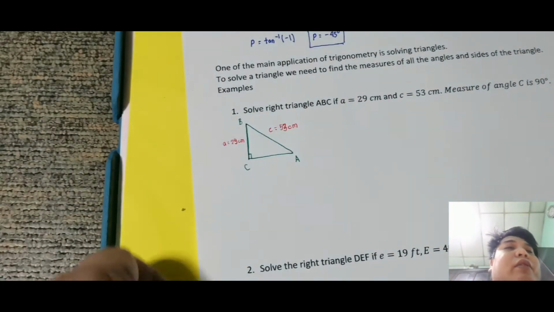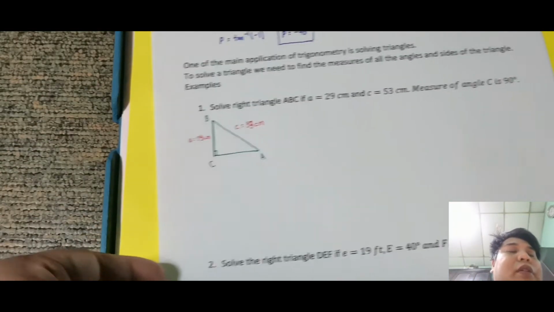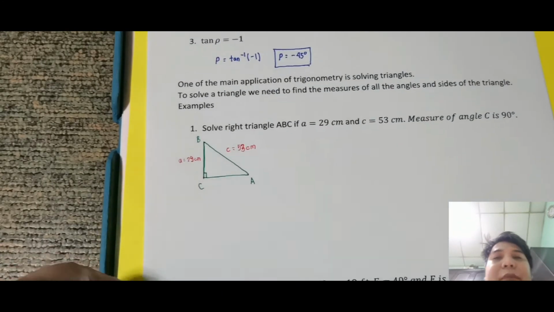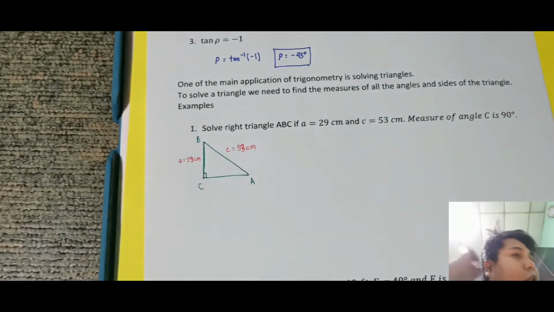Okay, ngayon decision mo na kung saan ka magsasolve. Kunyari gusto mong hanapin yung angle A or yung angle B, bahala ka. Ang suggestion ko lang, since right triangle naman, pili ka na lang ng isa between dun sa dalawa. Sure ako may isang 90 degrees dyan, diba?